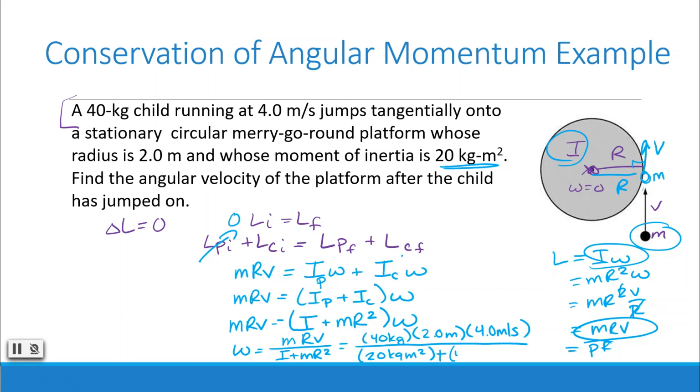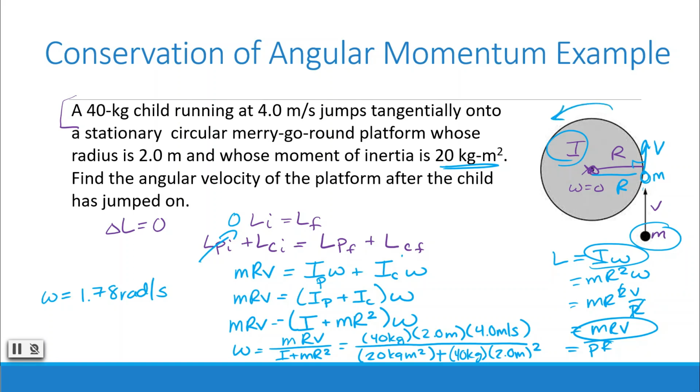Plus the mass of the kid, 40 kilograms, times 2.0 meters squared, and I get an angular speed of 1.78 radians per second.